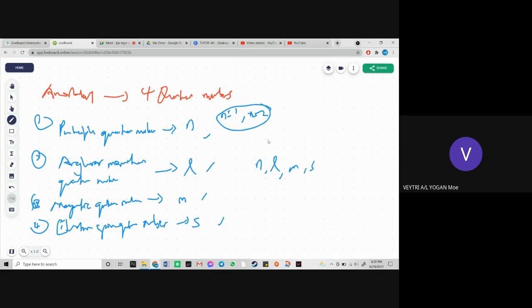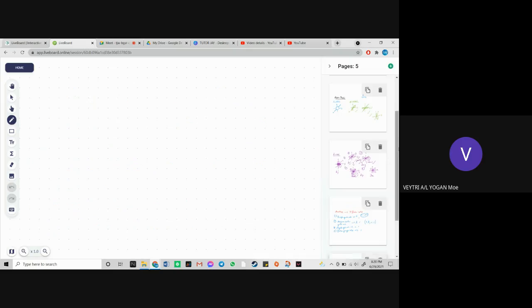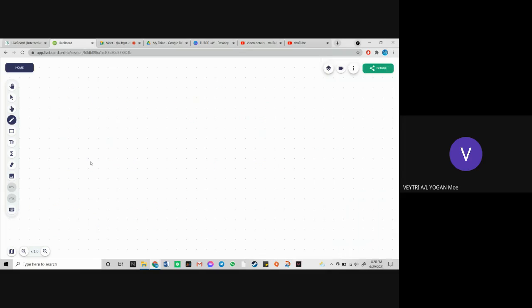Before I move on, let me just emphasize you guys to write a set of quantum numbers in this sequence: bracket NLMS. Now, let's have a look at how this NLMS works. Number 1, let's go one by one. Let's go for N. What is N? N is principal quantum number.